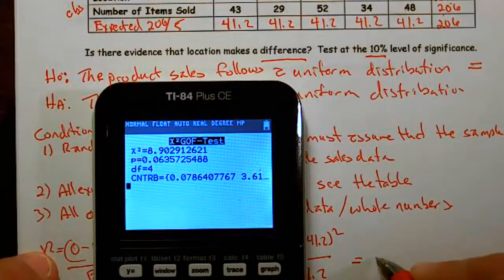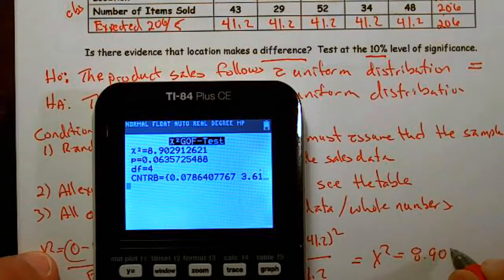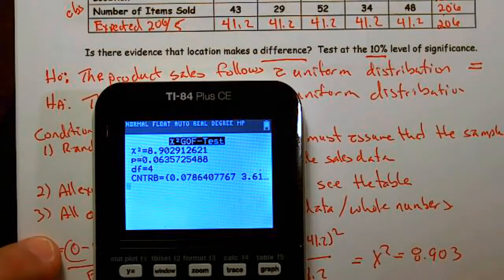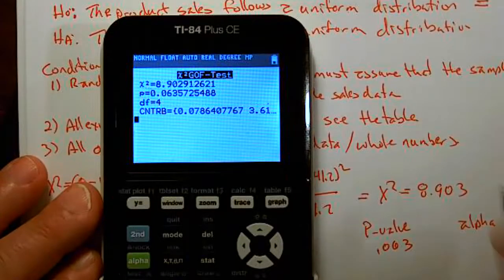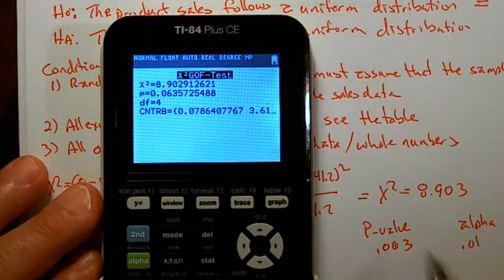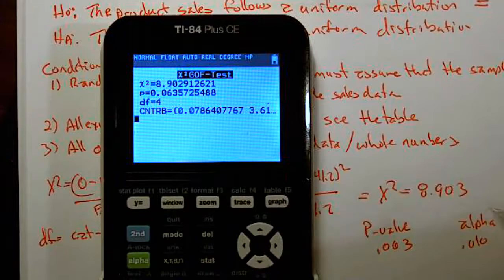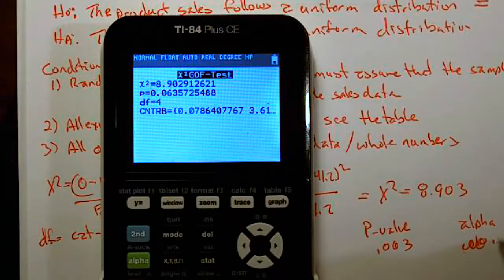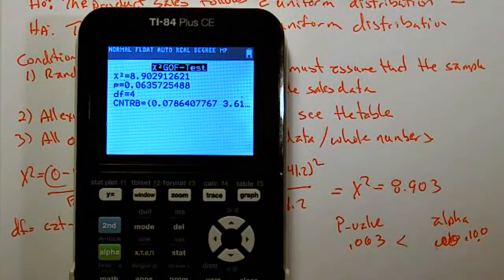And we end up getting a chi-squared equal to 8.903 with a p-value of 0.063. We set our alpha. Excuse me, not 0.01, 0.1. I'm wrong, 0.1. And 0.063 is definitely less, so our p-value is less, so we reject the null.